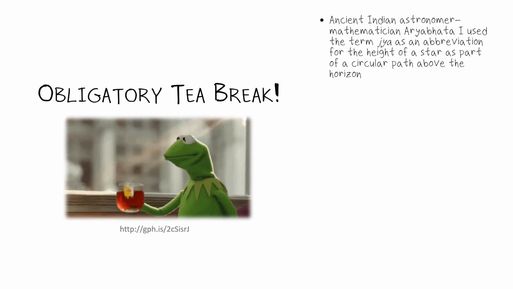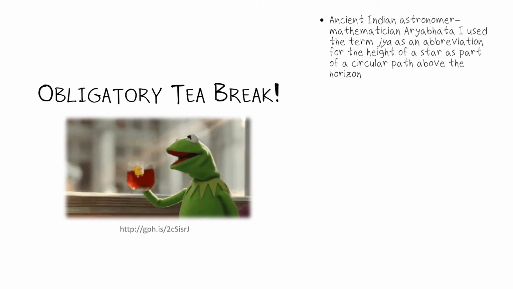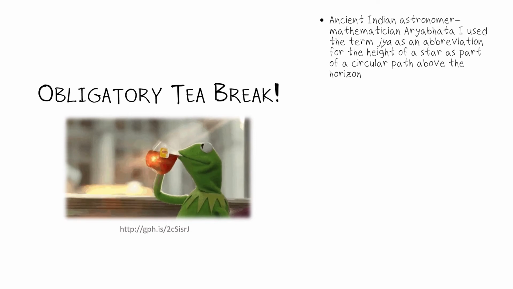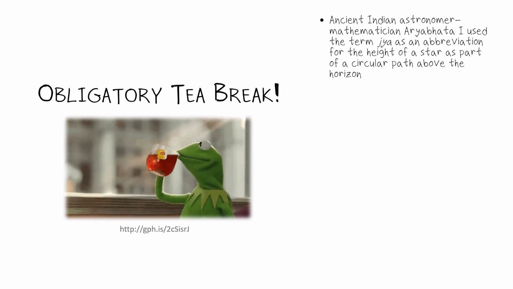All right, good. While I was doing research for this lesson, I stumbled onto something that I thought was pretty interesting, so we'll share it during the tea break today. The ancient Indian astronomer and mathematician, Aryabhata, I couldn't tell you exactly how that's supposed to be pronounced, studied astronomical events.